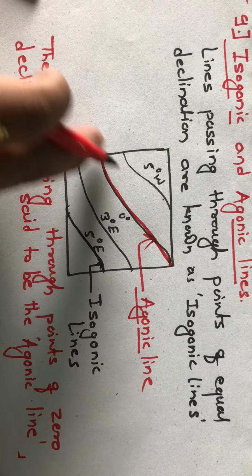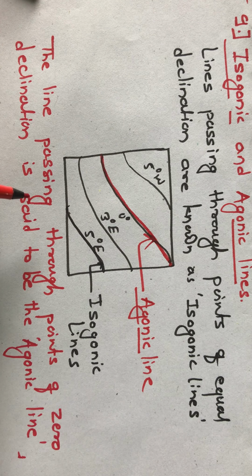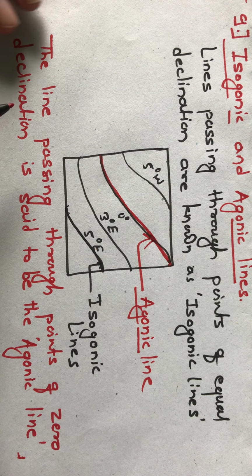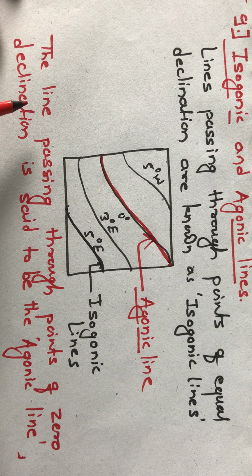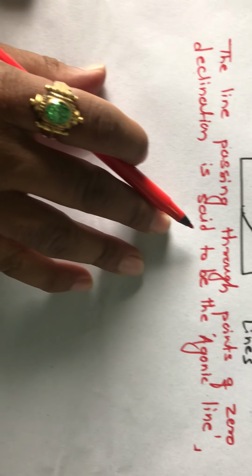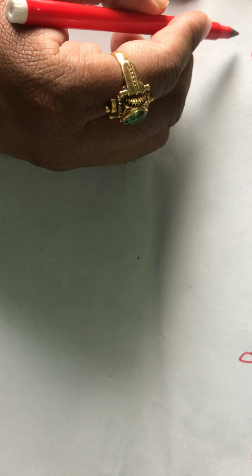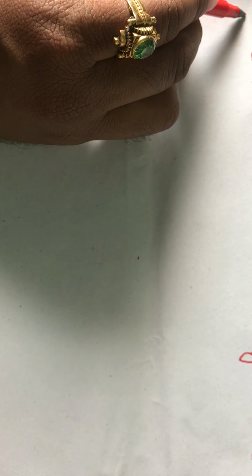So this is about the isogonic and agonic lines. Now the next definition: variation of magnetic declination.